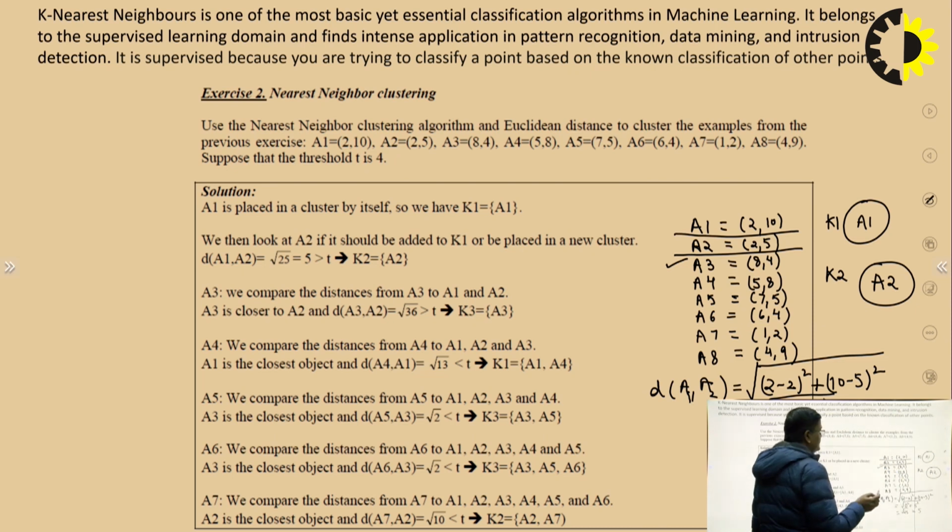Whichever distance comes out to be closest, you will check that against the threshold value. If it is less than the threshold value, then it will go into the cluster containing the point the new point is closest to, or if it is greater than the threshold, then it will go into a new cluster. It will not go into any existing cluster.